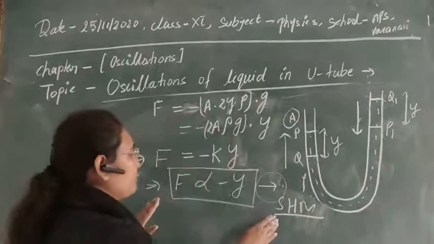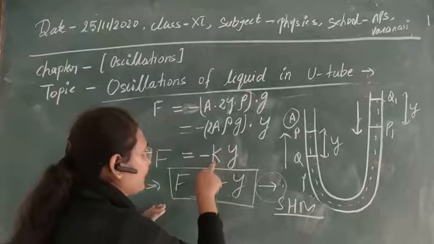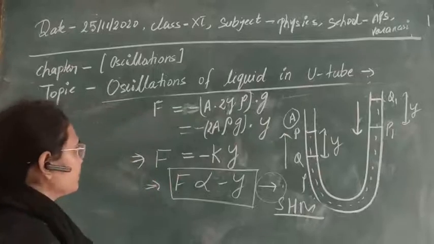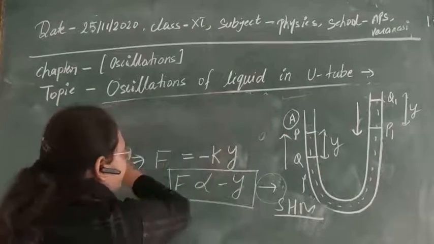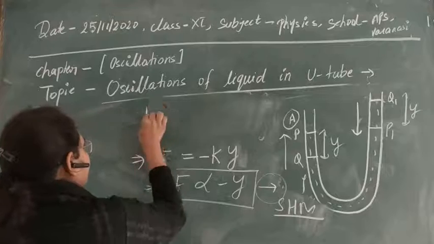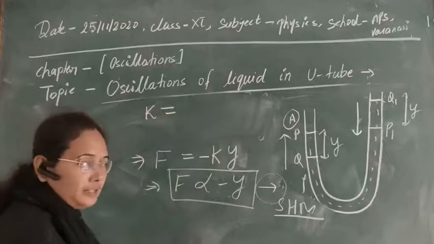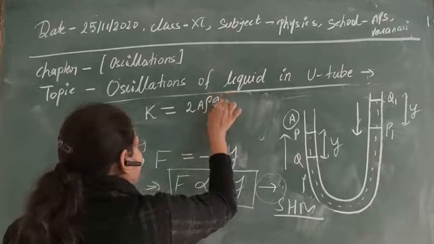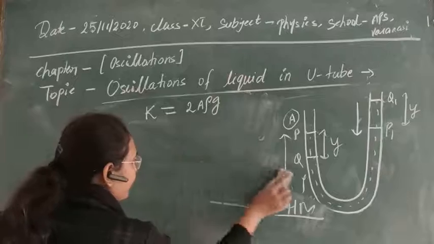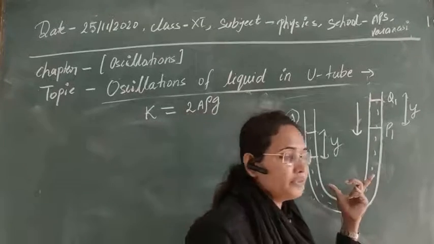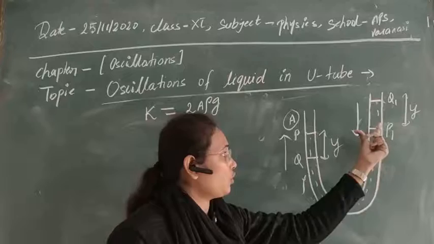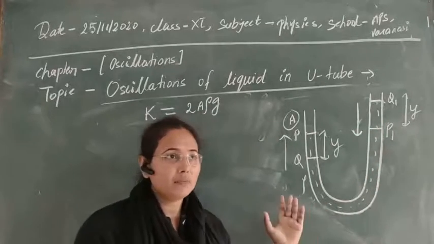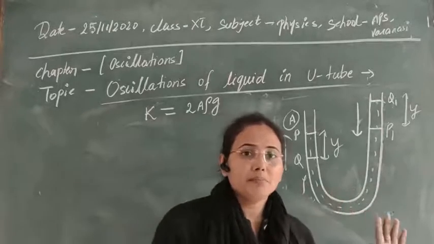So now if it is performing simple harmonic motion, it means that this factor k is the spring factor of the U2 system. So what is the value of k? The bracket term, as I have put it already, is the value 2A rho into g. So this is the value of k, the spring factor in case of a liquid that is oscillating in U2. Now you can say that the liquid is oscillating in U2, as we have proved that it is performing simple harmonic oscillation.